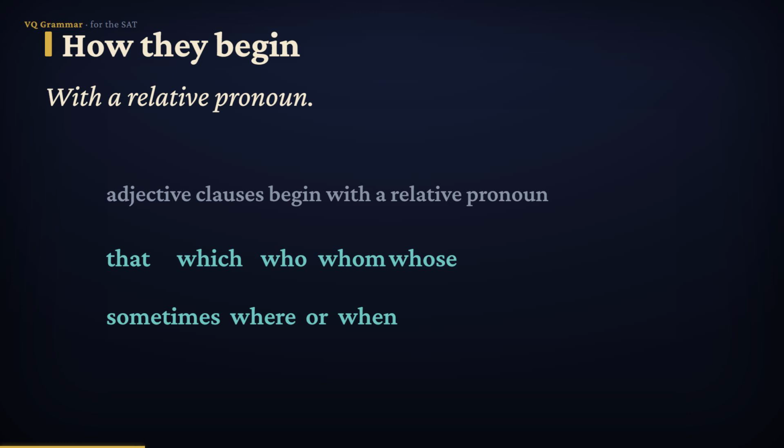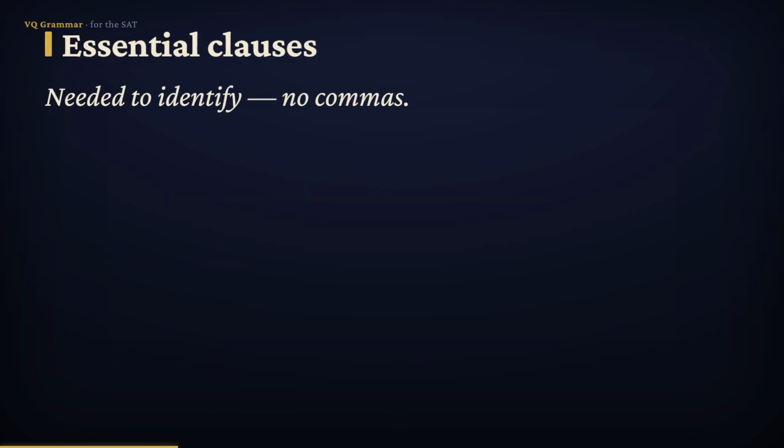Where introduces a clause describing park. So whenever you spot one of these words, that, which, who, whom, whose, where, or when, look for an adjective clause right behind it.